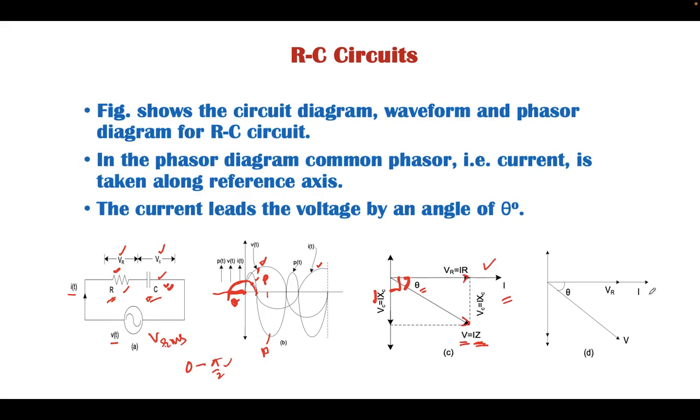From here, the voltage and current phasors can be represented along this reference axis: the resistive voltage drop is in the same phase with the current, and the resultant value of the voltage V will be lagging the current flowing in the circuit by an angle of theta.